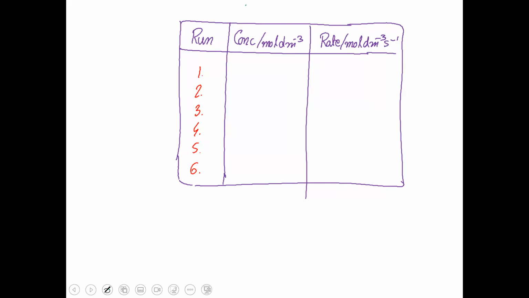So now you have to copy this table. Yes. I've copied.